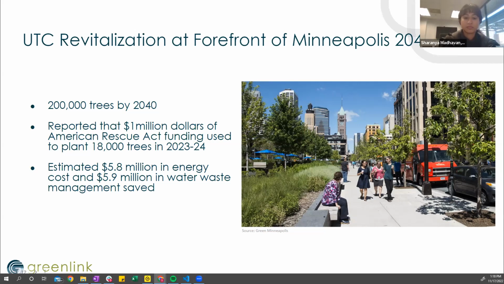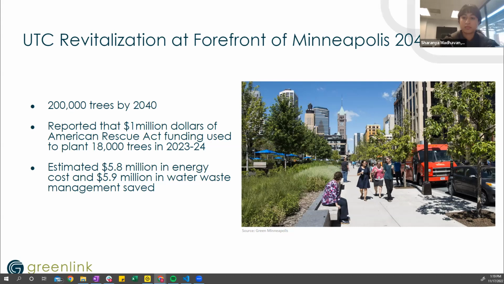The plan has a goal of 200,000 trees planted by 2040. It will be kickstarted with $1 million of American Rescue Act funding for 18,000 trees starting next year through 2024, in partnership with Green Minneapolis.